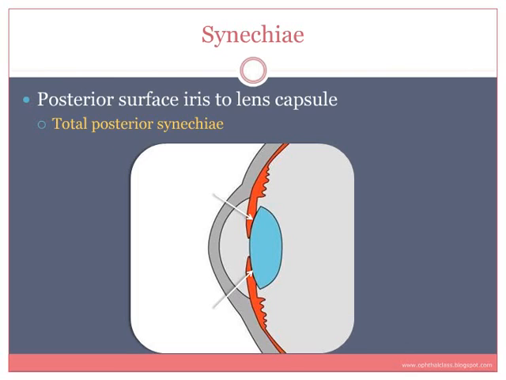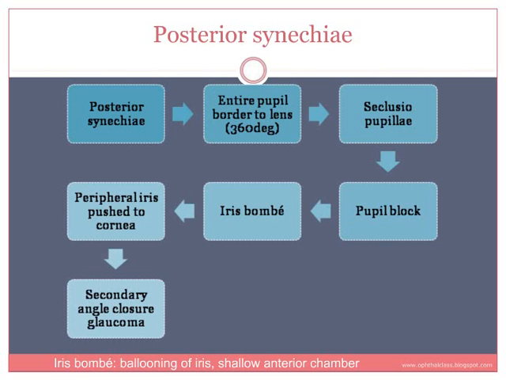This is a diagram which demonstrates total posterior synechiae, when the entire posterior surface of the iris is plastered onto the anterior surface of the lens. What are the consequences of posterior synechiae? Adherence of the pupillary margin to the lens in all its 360 degrees causes seclusio pupillae.